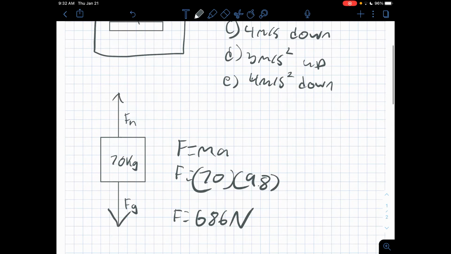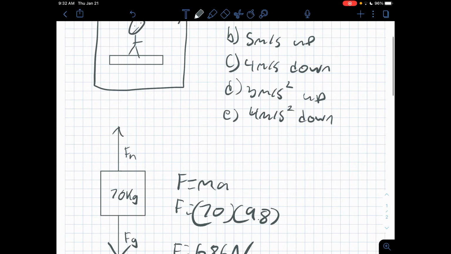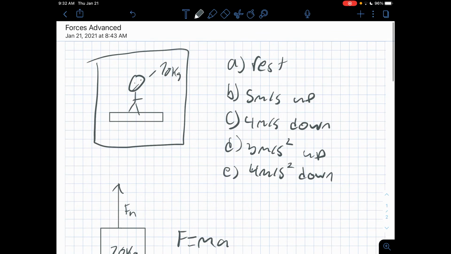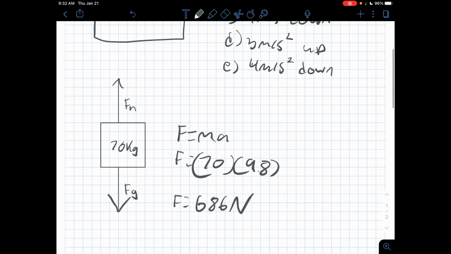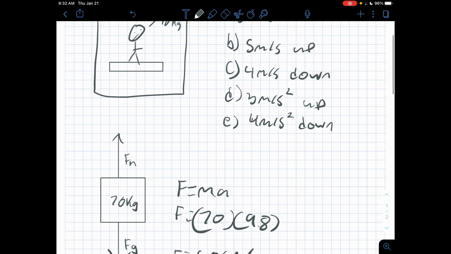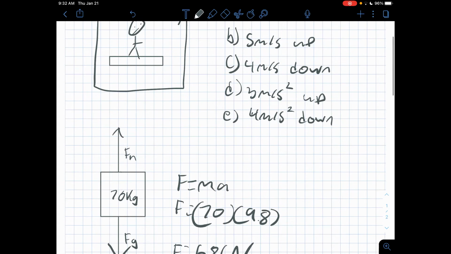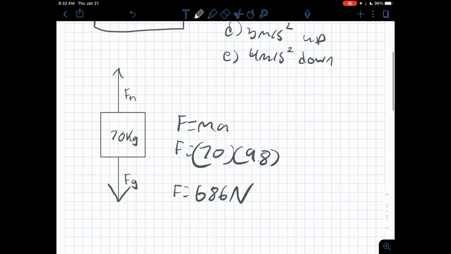Well, if you see here in our formula, the variables that we have are mass and acceleration. There's no velocity in this formula, meaning that the velocity of the elevator isn't going to affect the final answer. So for questions B and C, when the elevator is moving upwards and downwards, it's actually going to remain the same.